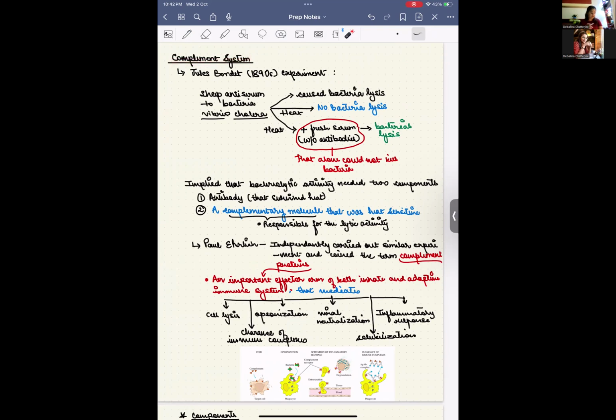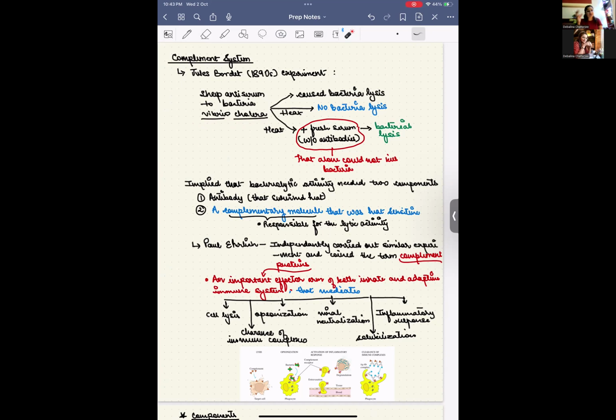The complement system was discovered when Jules Bordet performed an experiment wherein he used sheep antiserum, so antiserum means the serum that has some sort of antibodies against the bacteria Vibrio cholerae. So he isolated the antiserum from the sheep which had Vibrio cholerae infections.